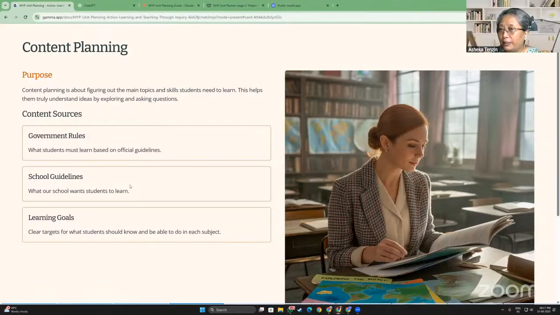But see, when I started off teaching MYP in 2004, we used the British National Curriculum. And in the British National Curriculum, in grade 6, you were supposed to teach reproduction, labor, the different stages of pregnancy and all that. And at that time, I felt that the students were not prepared for that much content.